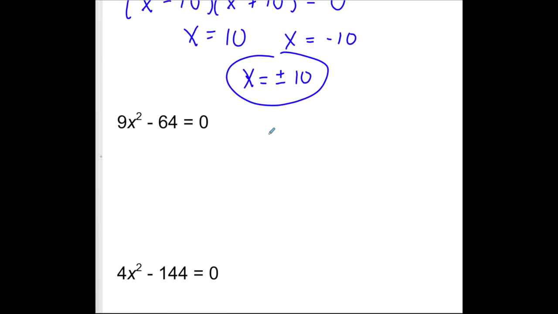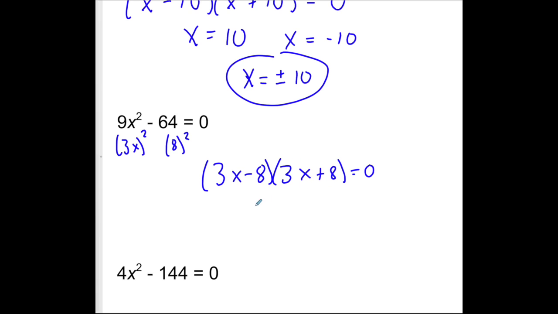Alrighty, moving on down to the next one. Again, also a difference of squares. This is 3x squared, and this is 8 squared. So what you should get is 3x minus 8 times 3x plus 8 is 0. So if I were to solve this, first you'd add the 8, then you divide by 3.